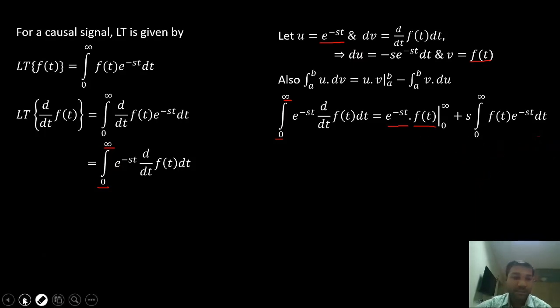Since s is independent of t, it is written as a constant outside. Now I'm going to substitute my limits here.